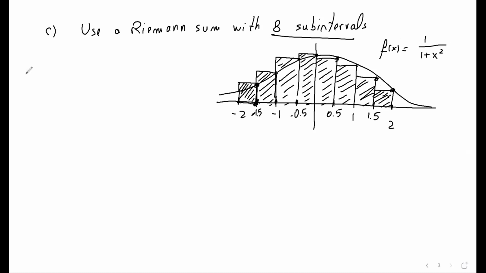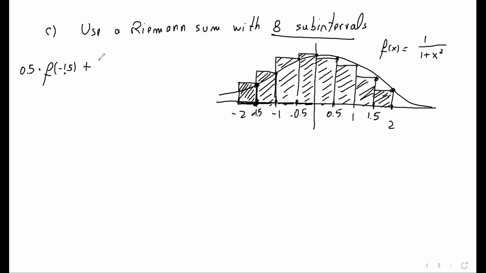The Riemann sum is, I'm going to write it here, is 1/2, because the length of the base for each of these rectangles is 1/2. So I'm going to say, instead of 1/2, 0.5 times f of -1.5. That's the height of the first rectangle. I'm not going to worry about calculating the value because Desmos is going to calculate that for me.